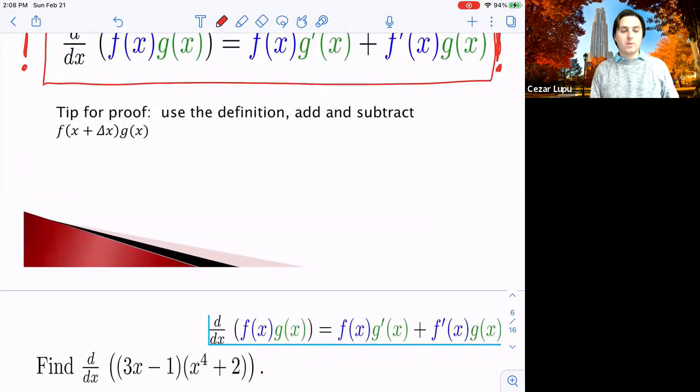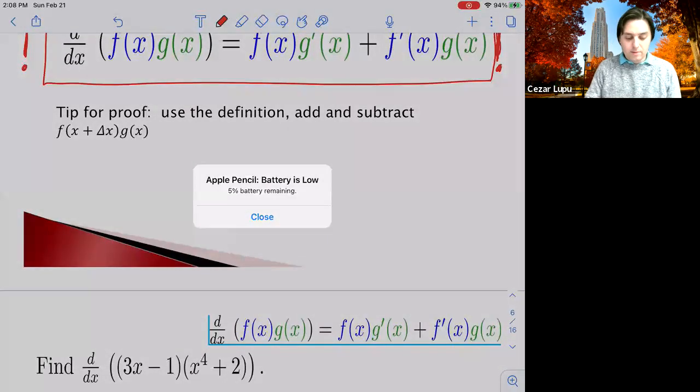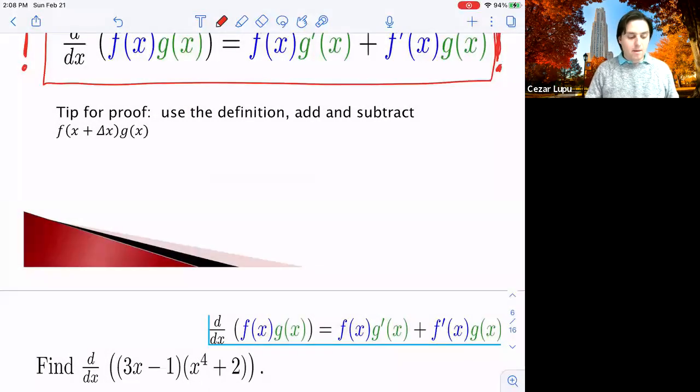As you can see here, I'd like to find the derivative with respect to x of the product of these two functions. So once again, I would like you to look at the product rule. It's written there: (f times g)' is f times g' plus f' times g.